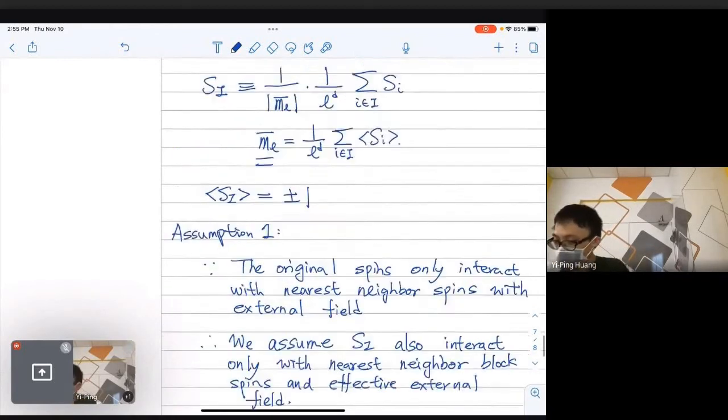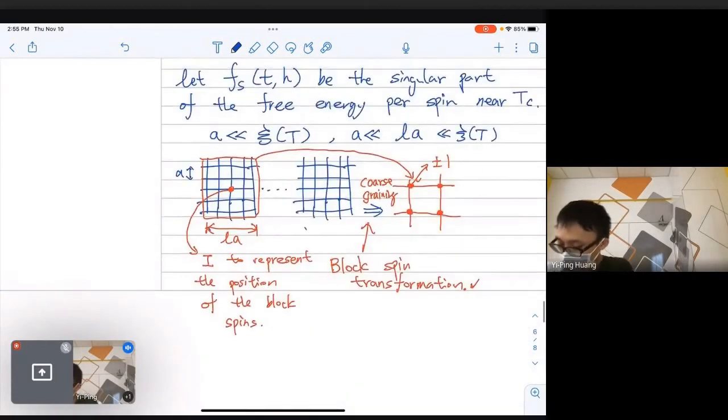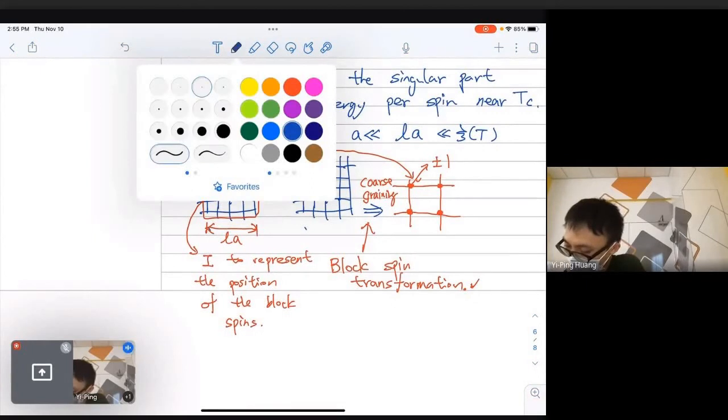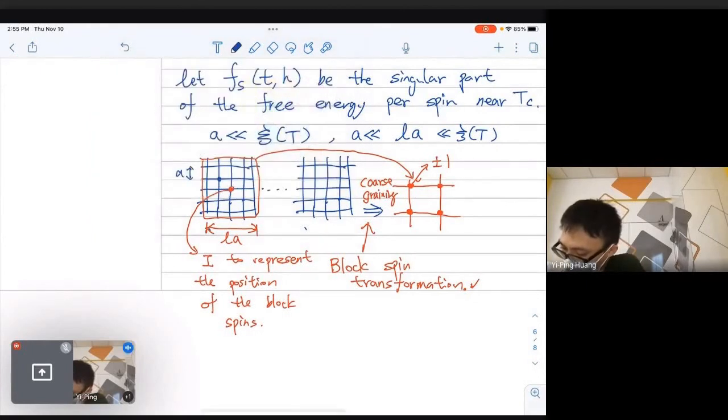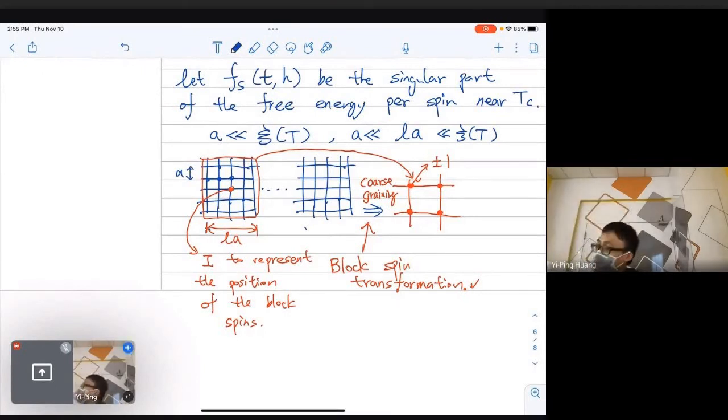What does it mean? It means that originally these little spins can only see their neighbors, but now after the coarse graining, we have new degrees of freedom represented by these red dots. These red dots will also only couple with their nearest neighbors and the external field.